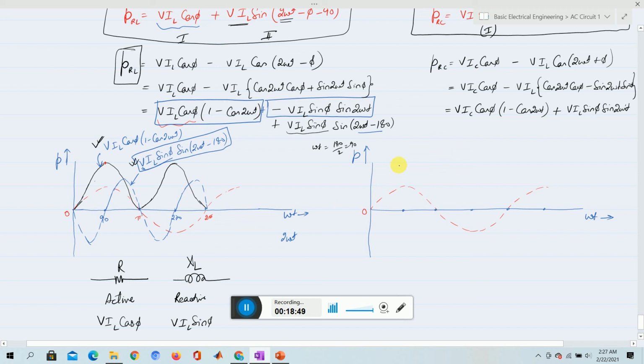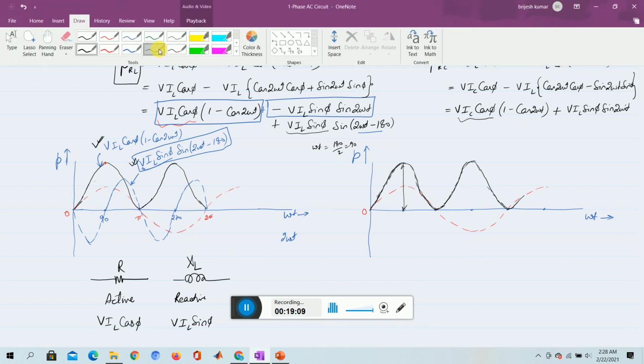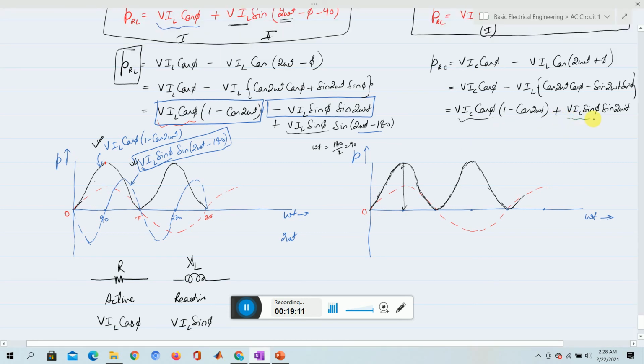Similarly, let us analyze the capacitive case. For the capacitive we have got a component VIC cos of phi times 1 minus cos 2 omega t, which is representing without negative value, and the maximum value is obviously VIC cos of phi. And we have got another component here, VIL sine of phi sine 2 omega t.